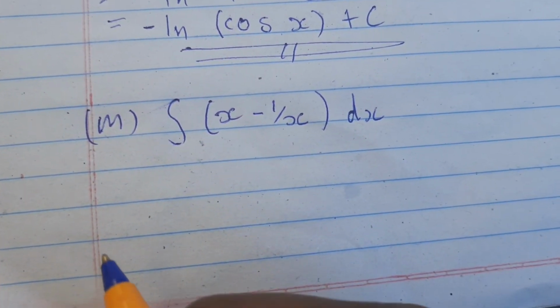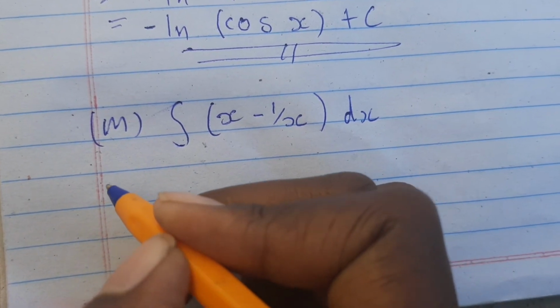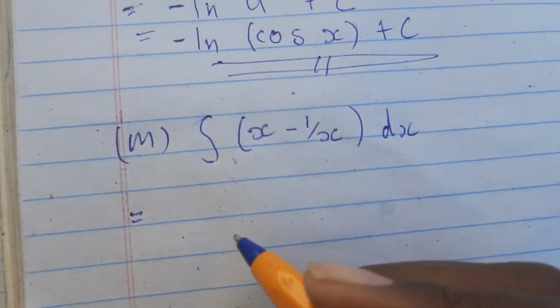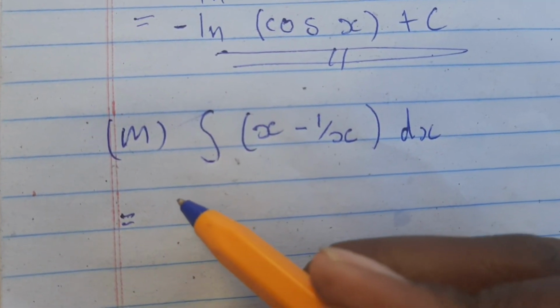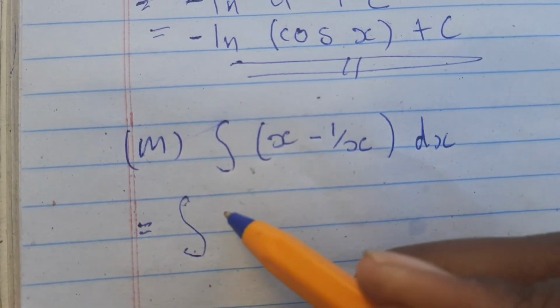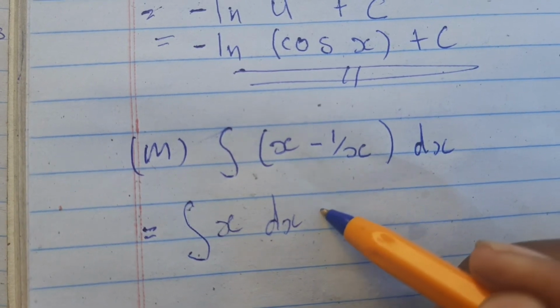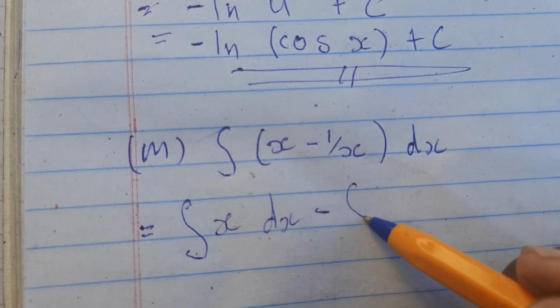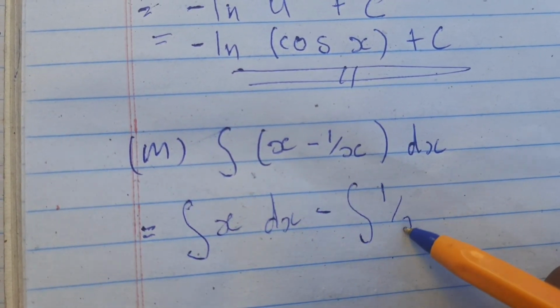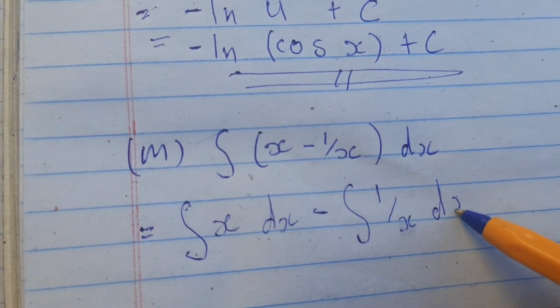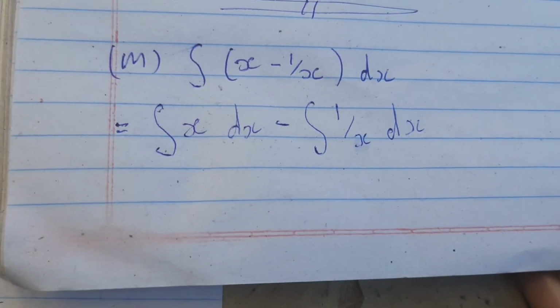I think this is a rule, integration by parts. So it's going to be the integration of x dx minus the integration of 1 over x dx.